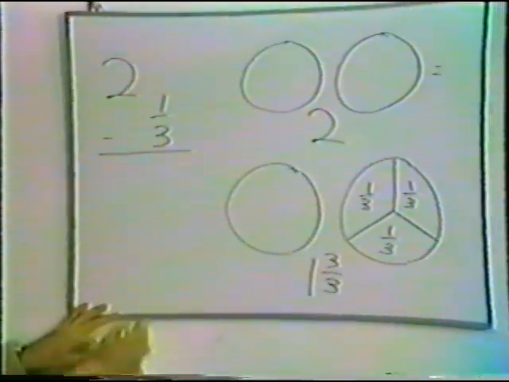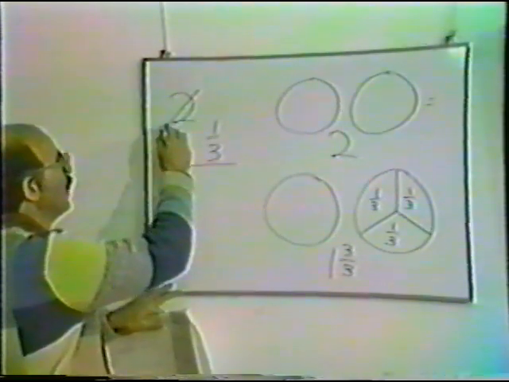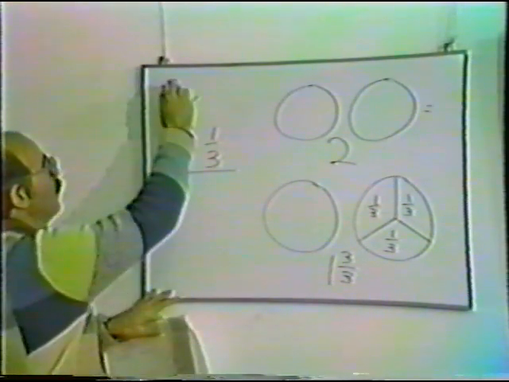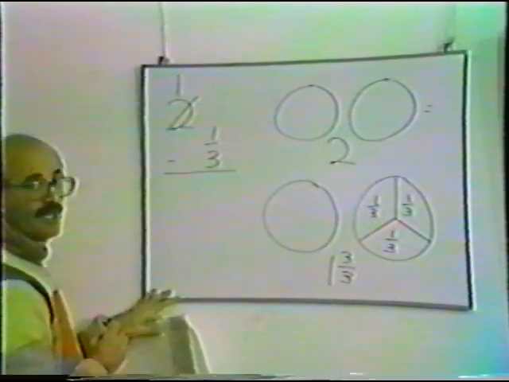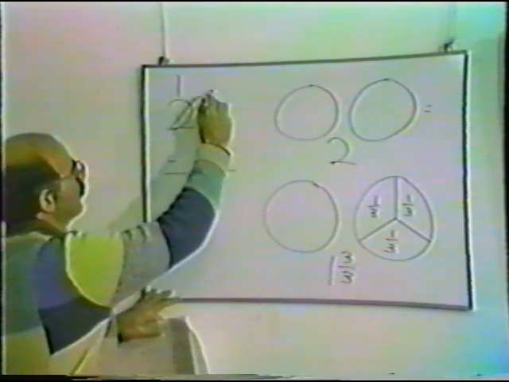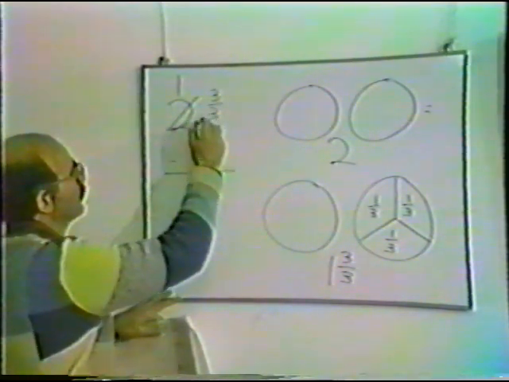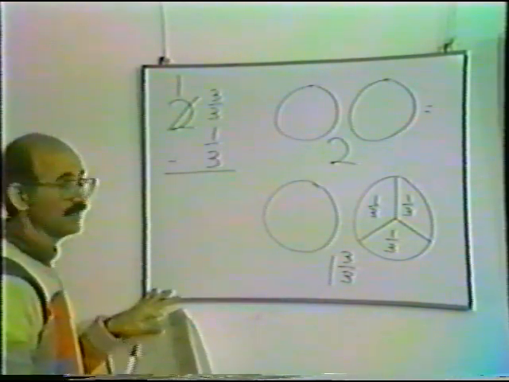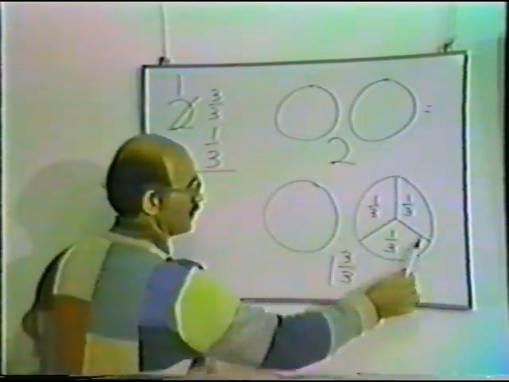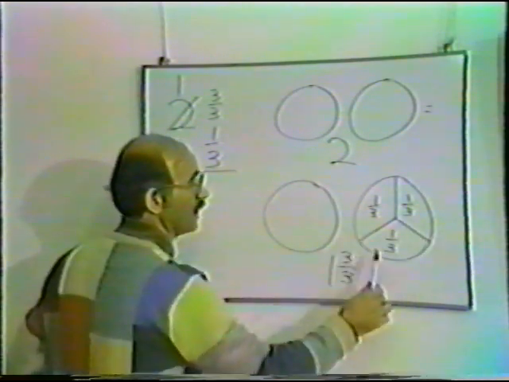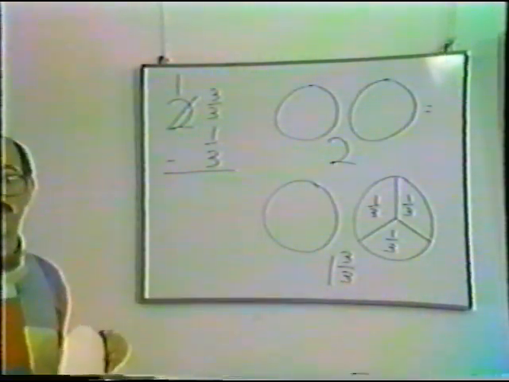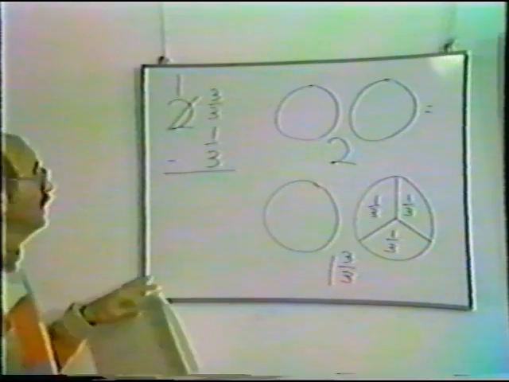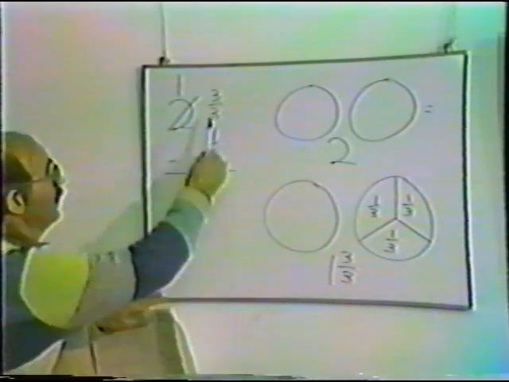And what we say is we cut up 1 pie, we got 1 whole pie left, and 3/3. 1 3/3 is the same as 2 because 3/3 is 1 whole pie that's just been cut into 3 pieces. Now we can subtract.